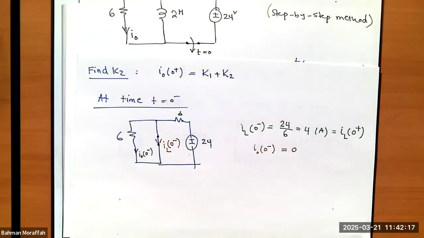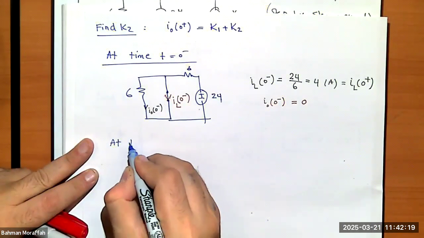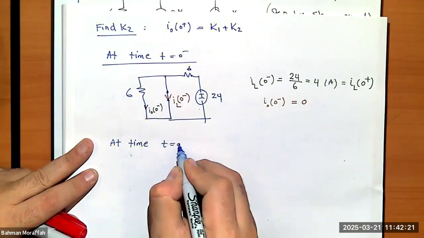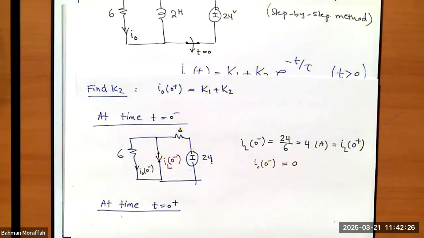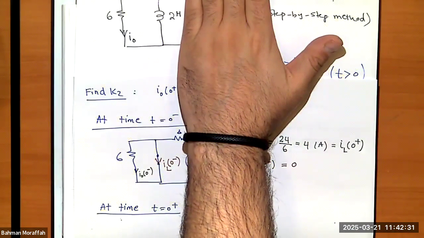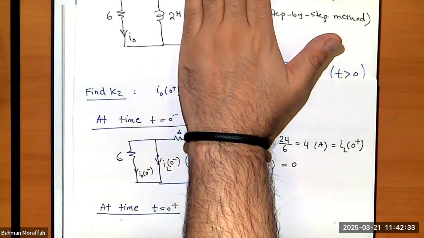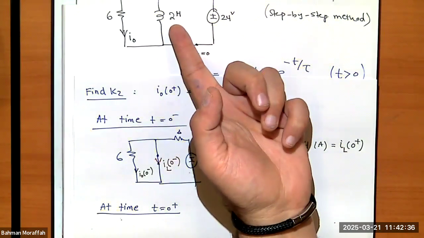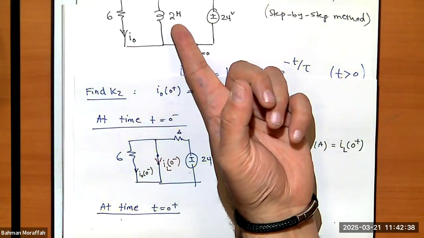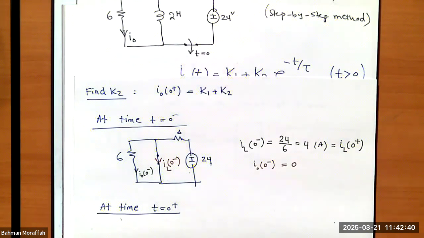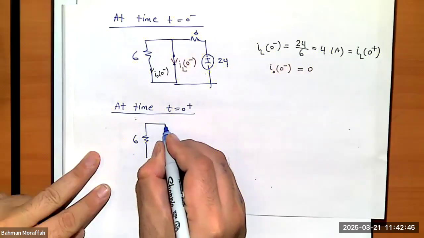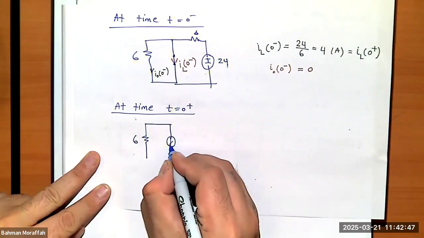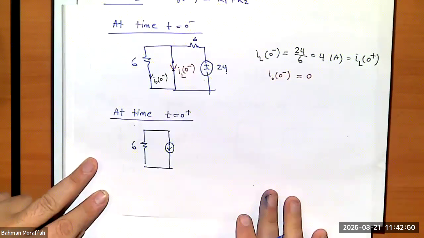So at time t equals 0 plus, I'm going to look at the circuit a little after 0, which means this portion of the circuit is gone. All I have to do is replace this inductor by a current source. So I have 6, and my inductor replaced by a current source.